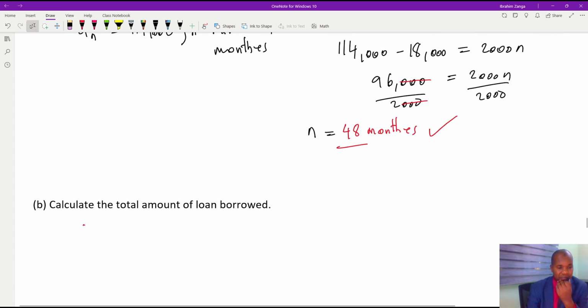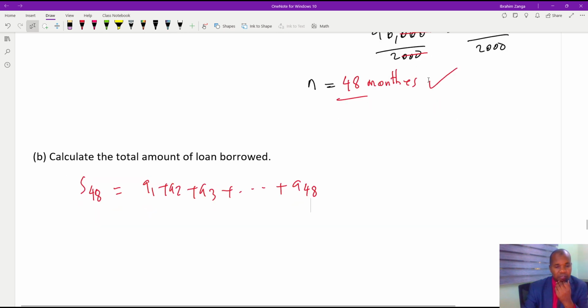So now the series. Actually, S48 is a1 plus a2 plus a3, it goes to plus a48. So we are going to use the formula for finding the summation of the first n terms of an arithmetic progression.